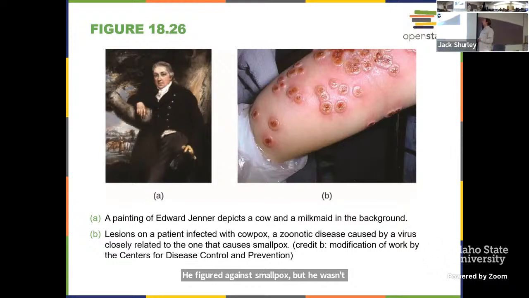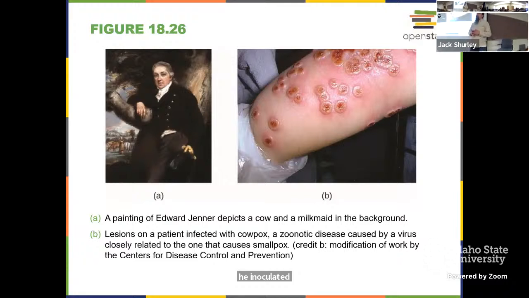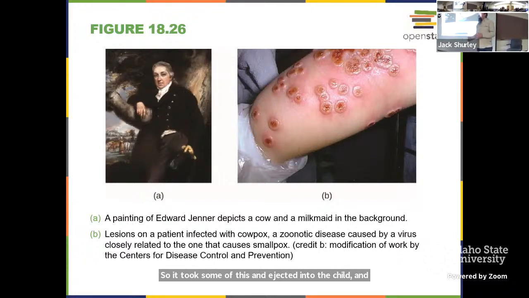So he basically got a child. I have heard multiple stories. My first understanding was it was his own son that he used and inoculated. So he took some of this and injected it into the child, and then later exposed the child to smallpox, and they didn't develop it. And there we've got our vaccination.